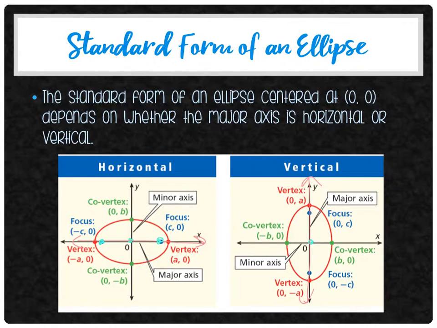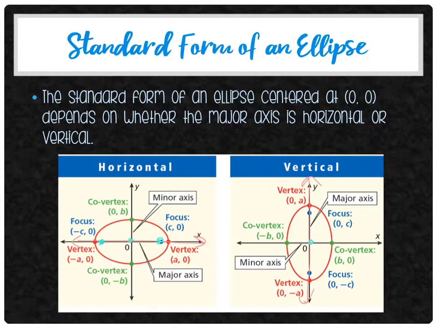Each individual one is called a focus. You find it from the distance from 0, a value C, which we'll get to in a second. Each of the vertices is A distance away from the center, and each of the co-vertices is B distance away from the center. There's a relationship between A, B, and C, which we'll also get to in a second.